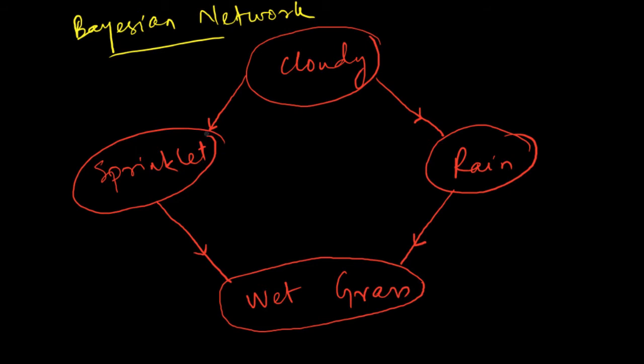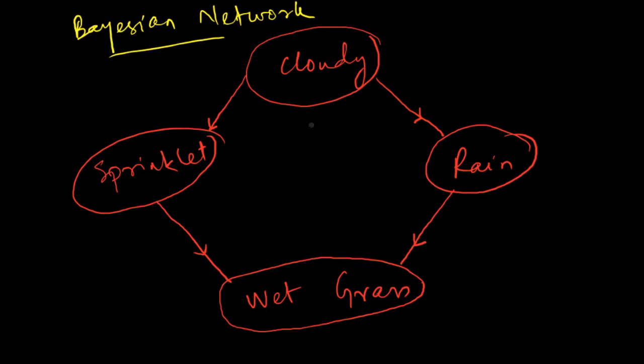For the simple reason that when the weather is cloudy, it is likely that it would rain and the probability of the sprinkler being on would go down, because if you think it is going to rain, you will most probably not switch on the sprinkler.